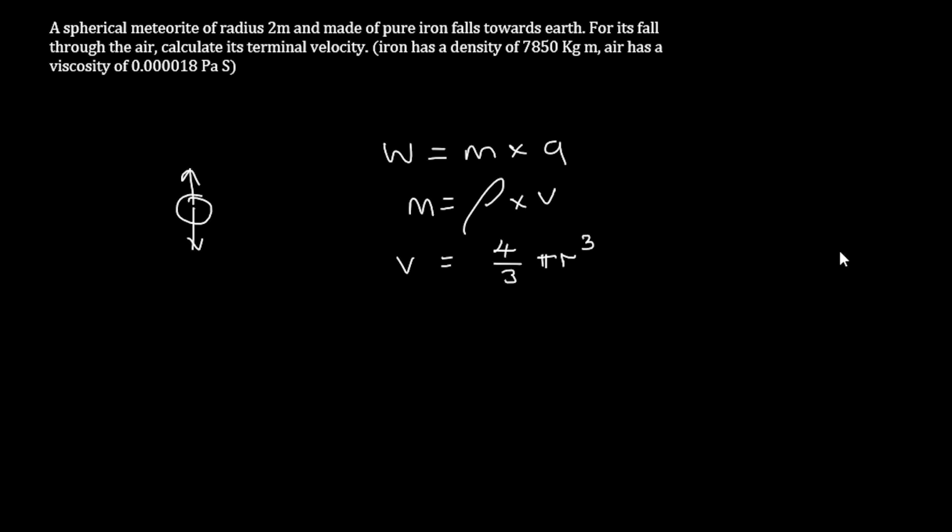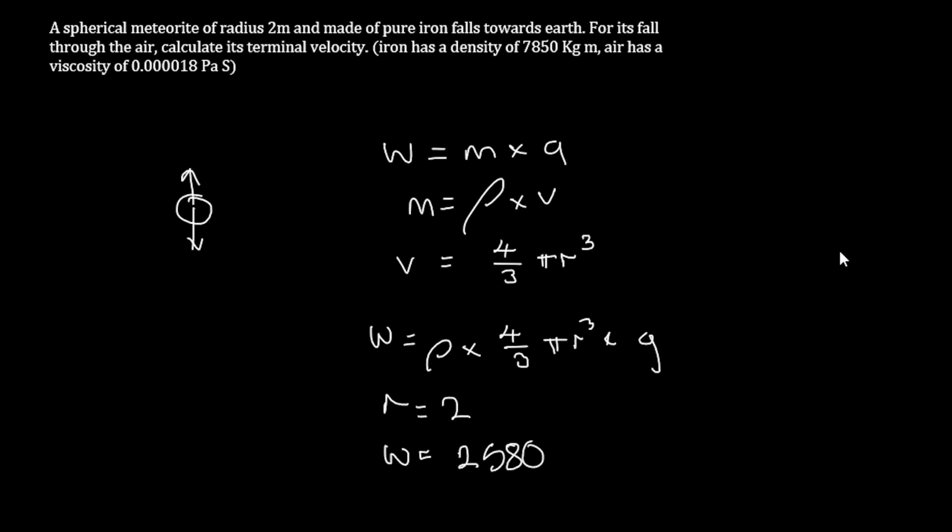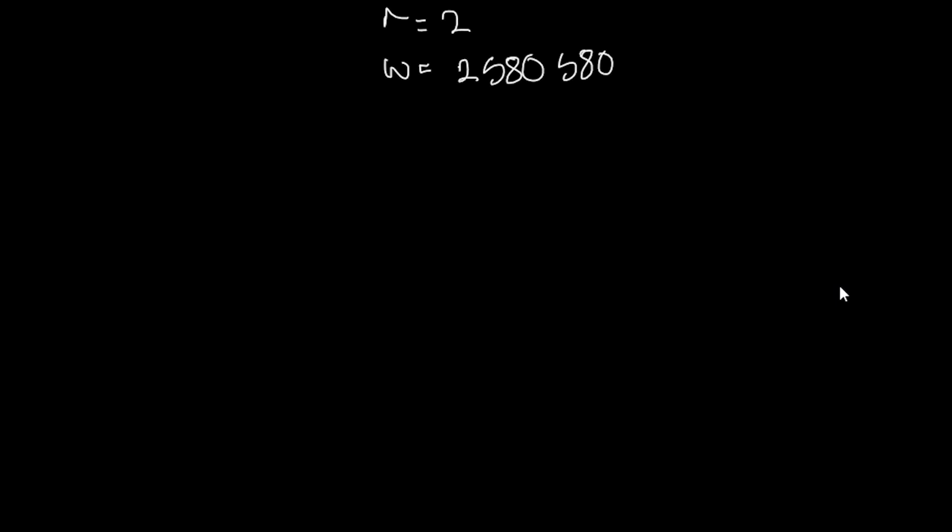We can simplify this all down to weight equals rho times 4 over 3 pi r cubed times gravity, where r equals 2, as stated in the question. Our weight equals 2,580,580.